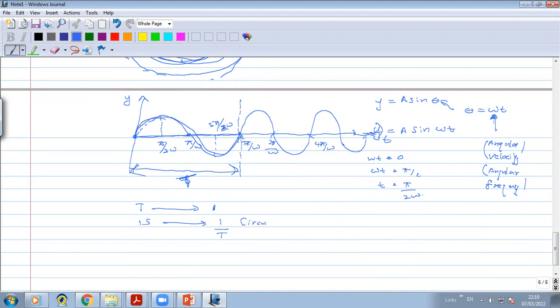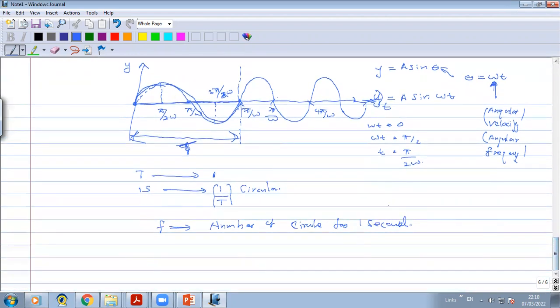This we call frequency. That is the frequency f. In another word, it is the number of circles for 1 second.